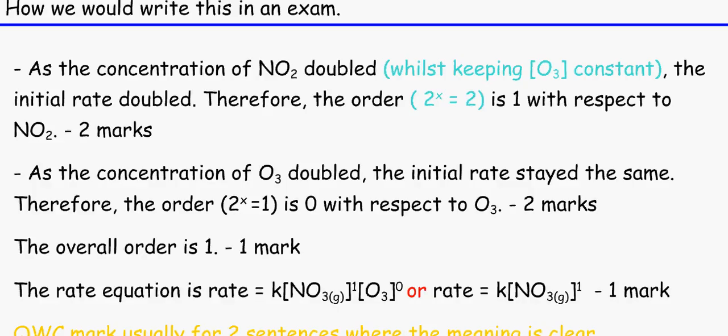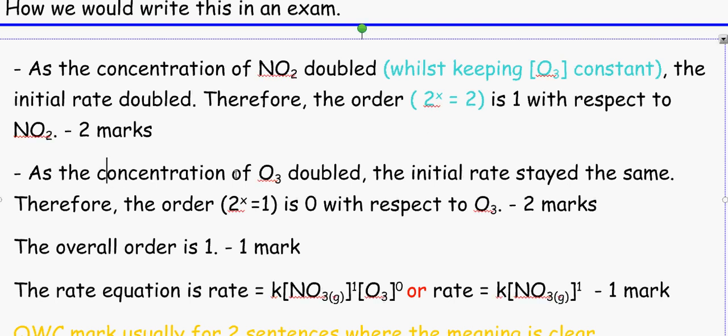Now, how would we write this in an exam? Well, as the concentration of NO2 doubled whilst keeping the concentration of O3 constant, the initial rate doubled. Therefore, the order, 2 to the power of x equals 2, is 1 with respect to NO2. That's 2 marks.